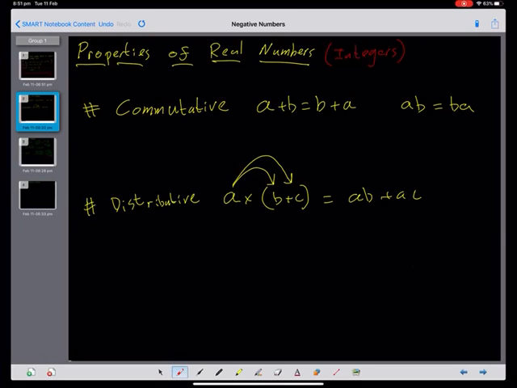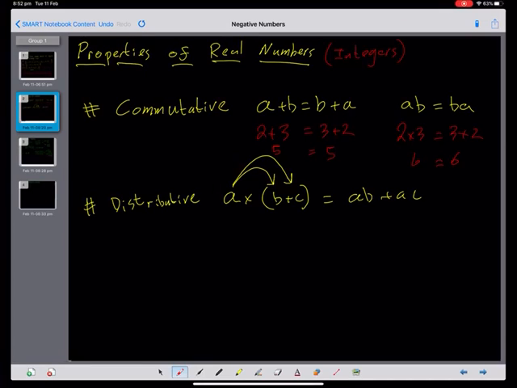For instance, 2 plus 3, which we all know is 5, can be added 3 plus 2. Both are equal to 5. So we can do addition in any order. The same is true for multiplication. 2 times 3 is the same as 3 times 2, which is 6.